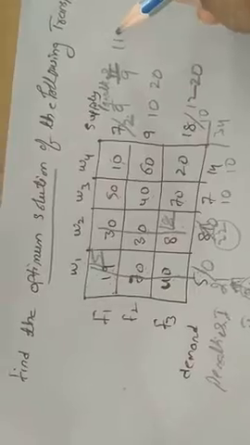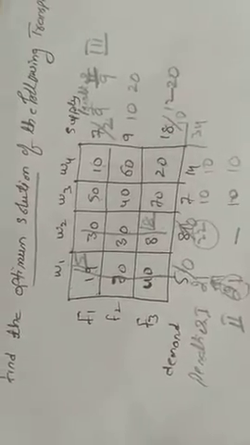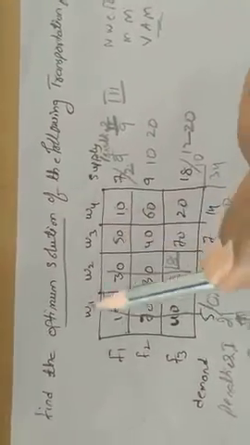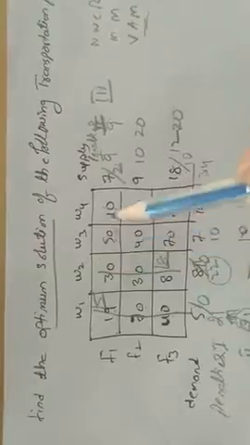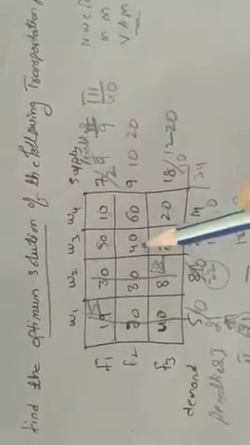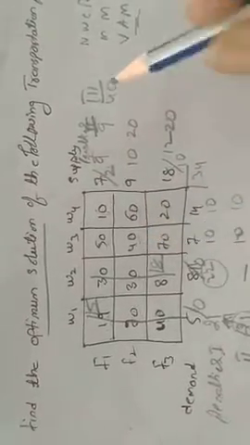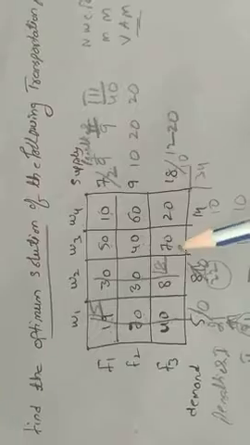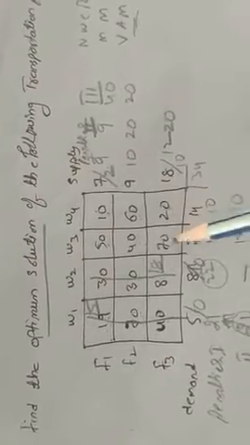Okay, so next is the third penalty. Here is the third penalty. Again we have to identify the penalties. Ignore the W1 column and W2 column. So W3 and W4, 50 minus 10, 40 is there. Next is the 60 minus 40, 20 is there. Next 70 and 20, 70 minus 20 is 50.